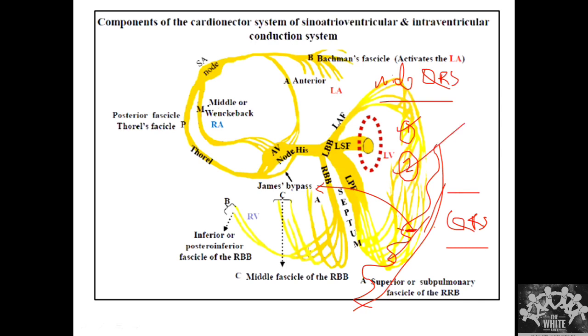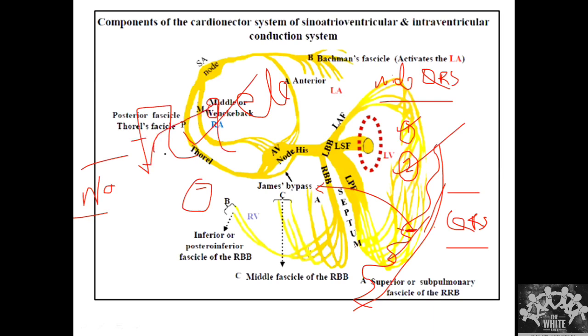And if there is any electrical phenomenon, like an electrolyte imbalance or some toxins, like you will see later, the tricyclic antidepressants, they block the sodium channel. Because the action potential in the muscle is happening via sodium. So if you block this, the action potential duration widens, and the QRS will also widen. So some toxins. So these are the 3 causes why you can get a wide QRS.